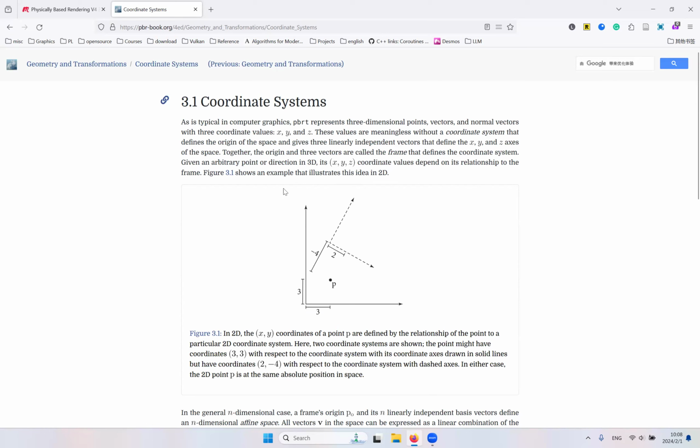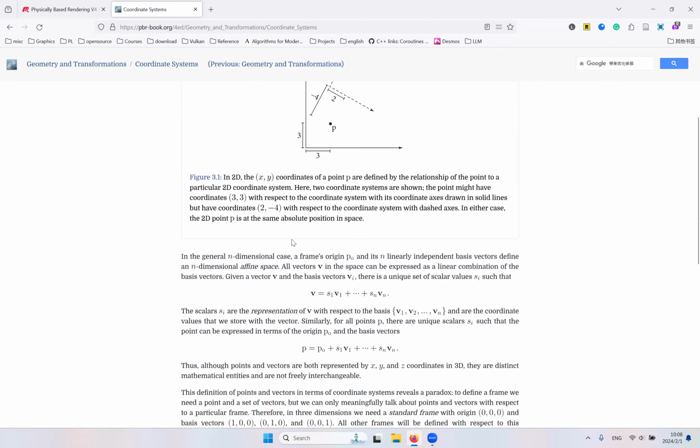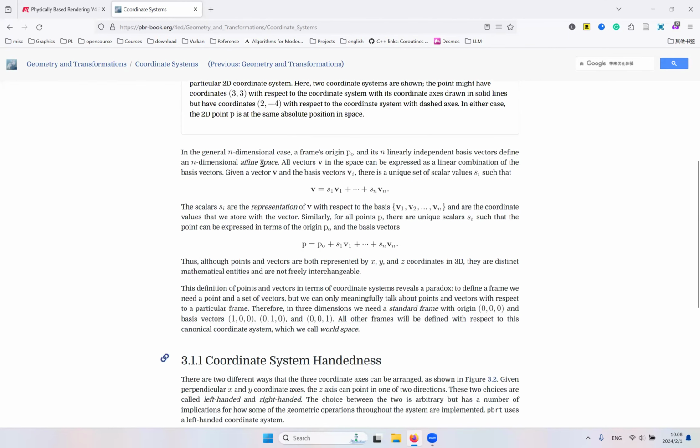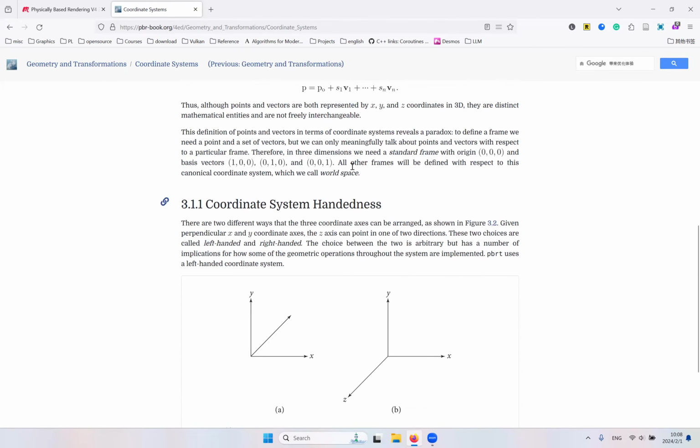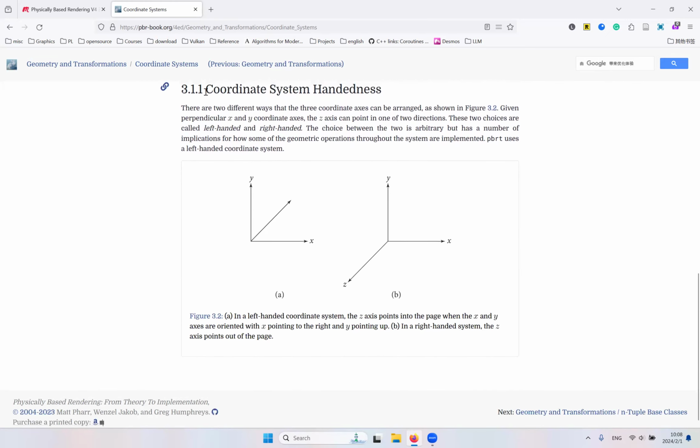Coordinate systems are composed of linearly independent vectors, and it forms a vector space basically. The important thing, I guess, is the handedness, that there are left-handed and right-handed coordinate systems, which is just convention.